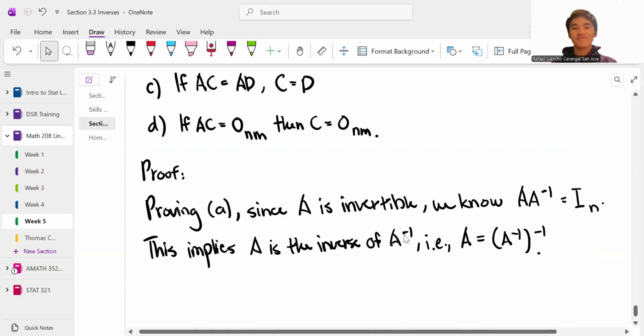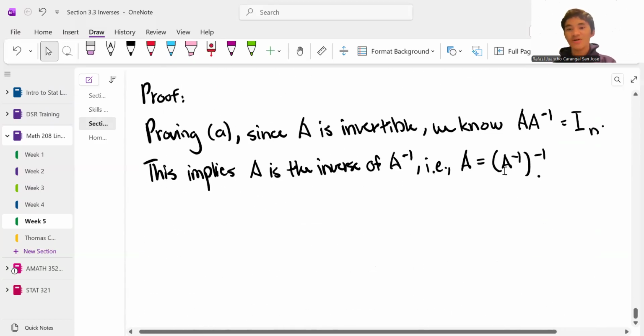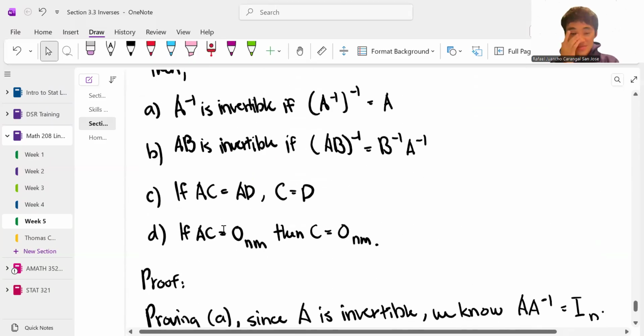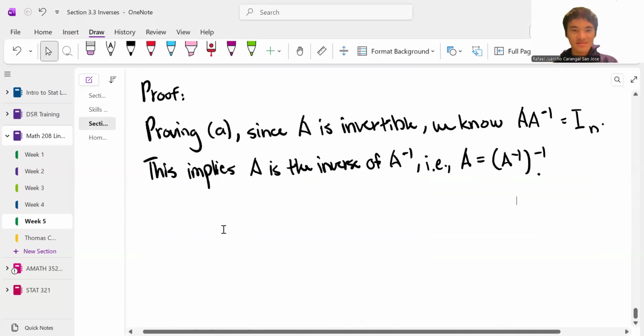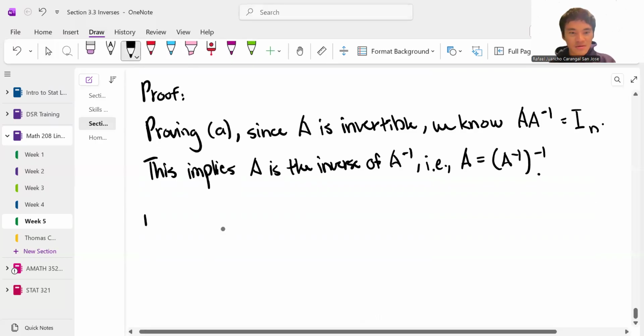That means if we take the inverse of A inverse, that's just going to be A. Okay, that is confusing, but I think that makes sense if we write it. If I say it, it doesn't make sense, at least for me.